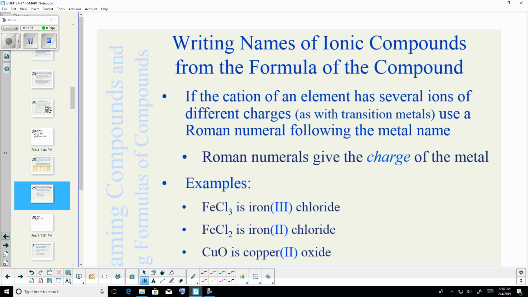When you talk about the transition elements, a lot of them can have several charges. You have to use a Roman numeral following the metal name that tells what the charge is. So for example, if I said go get me a bottle of iron chloride, you wouldn't know what to get me because there's FeCl3 and FeCl2.